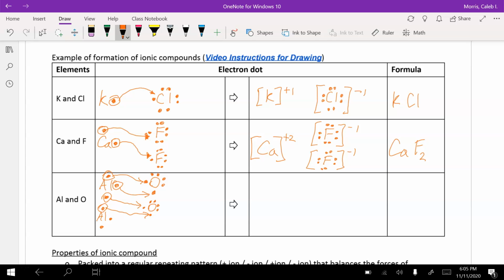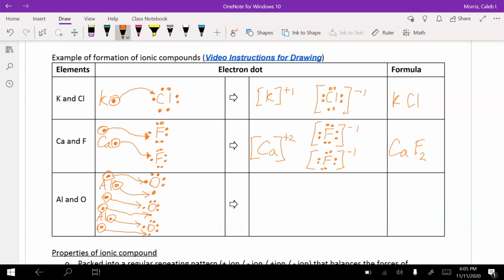But now I've got 2 more electrons in aluminum that it needs to get rid of. So another oxygen will show up to see if it can satisfy aluminum's outer shell, or its octet. And sure enough, 1 electron can go there, 1 electron can go there, and it's all balanced out.